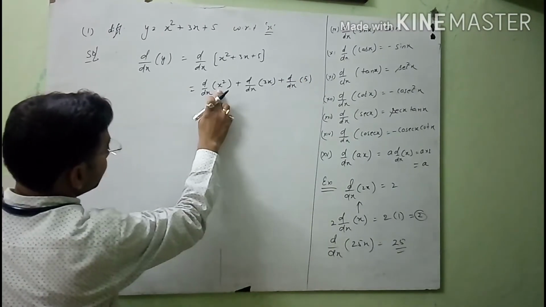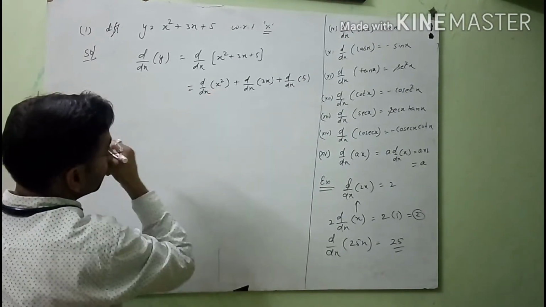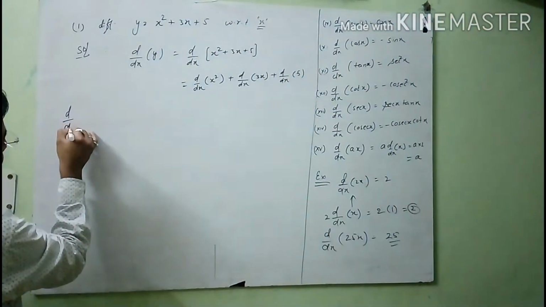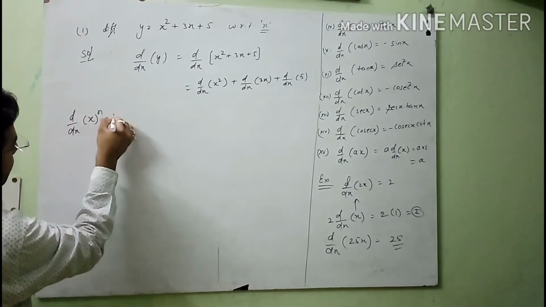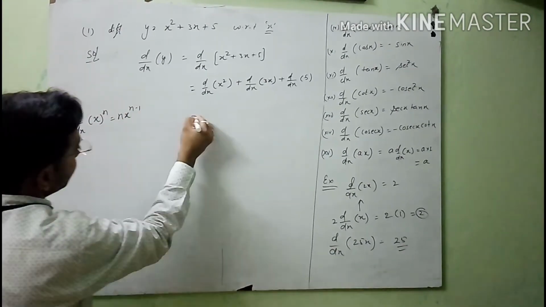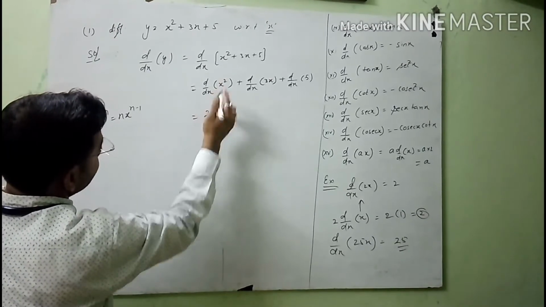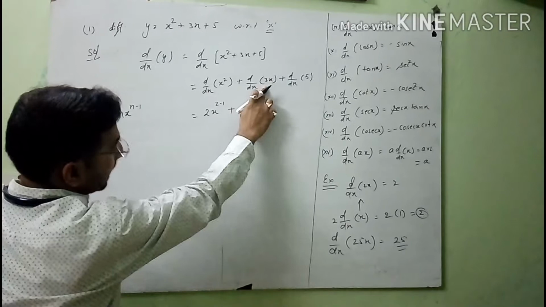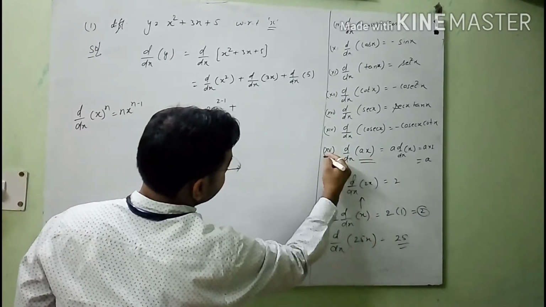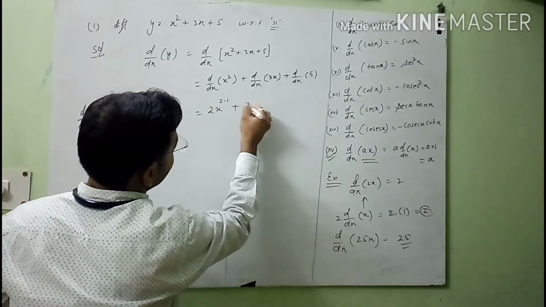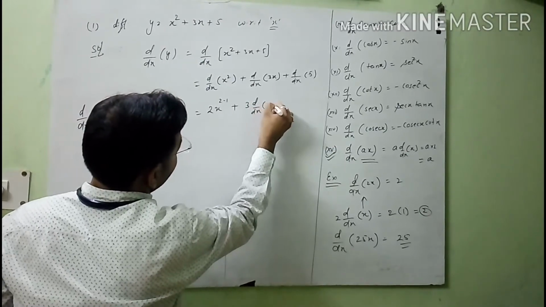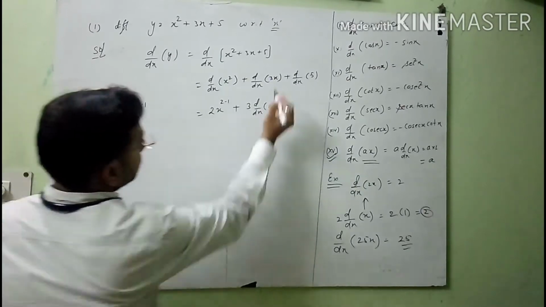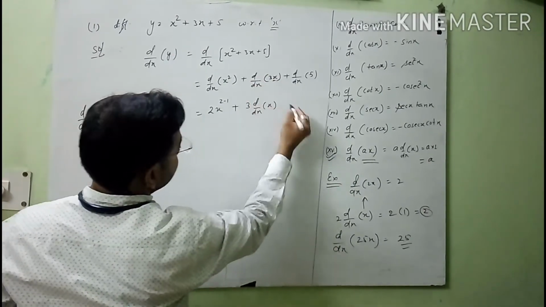And you know that for a function like this, you will follow the formula d upon dx of x raised to the power n equals n x to the power n minus 1. So I will write here 2 in front, then x to the power 2 minus 1, plus, then in this case I will follow this rule: 3 into d upon dx of x, because it is a constant, it will come in front. After that we will differentiate the variable x with respect to x here.